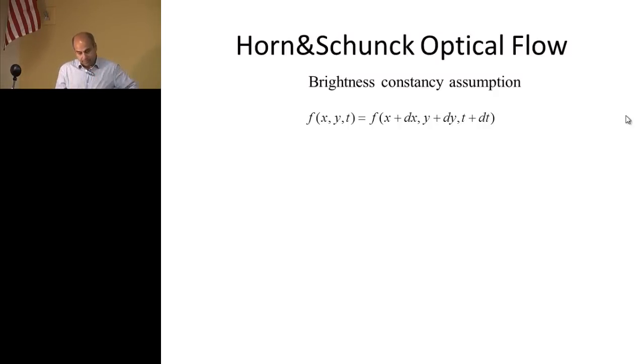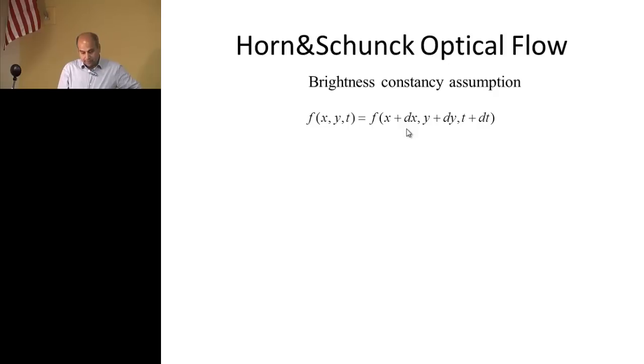That is called the brightness constancy assumption. The brightness or intensity is constant in this frame at this location and in that frame at a location with a very small change from x to x plus dx, y to y plus dy. That is a basic assumption, which makes sense.